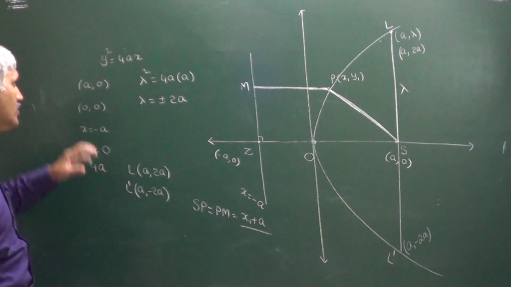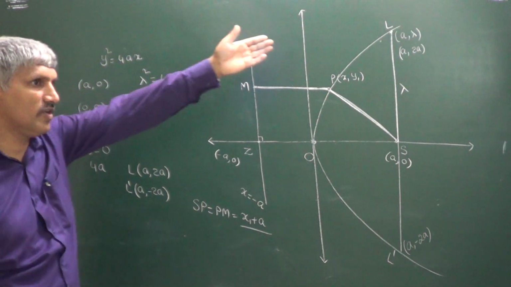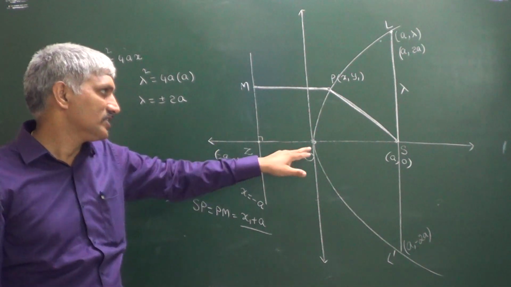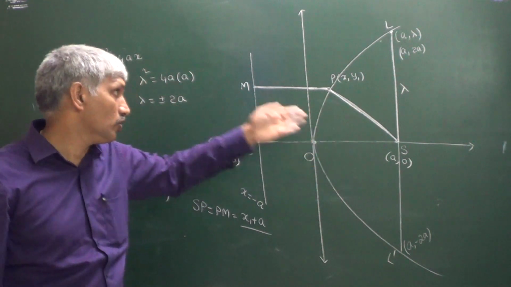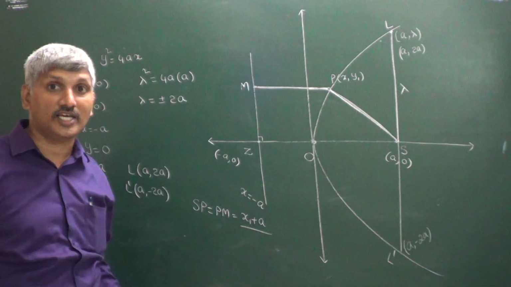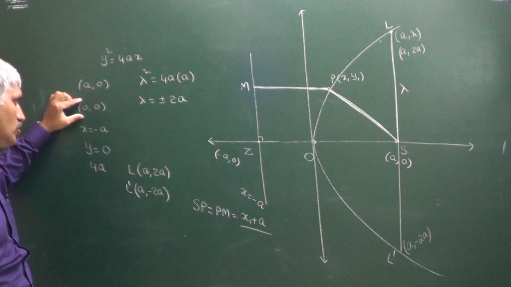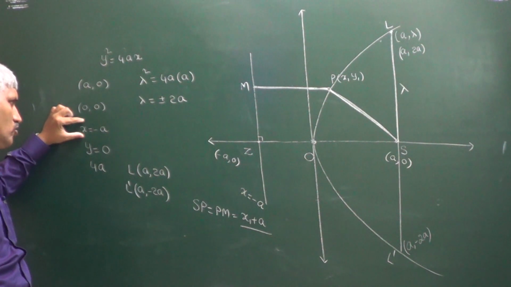So for the standard equation of the parabola y square is equal to 4ax, the graph will be like this. The directrix appears on this side, the vertex is 0 comma 0, and the focus is a comma 0. The equation of the directrix is x is equal to minus a.